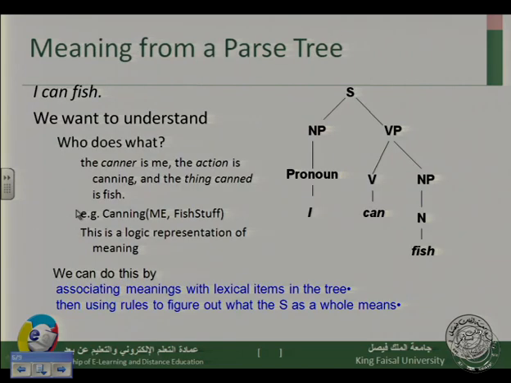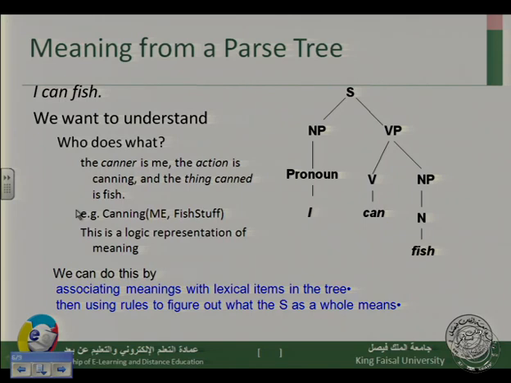So I can fish. We want to understand who does what. The canner is me. So I am the canner. I am the person who puts the fish inside the can. The action is canning, and the thing canned is fish. So this is the explanation of the sentence. How do we explain this to the computer?